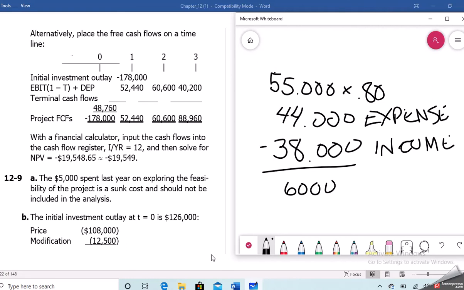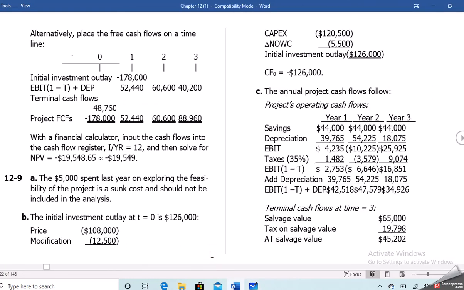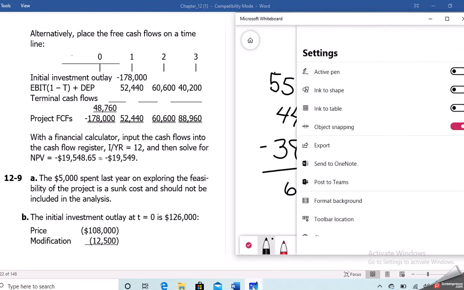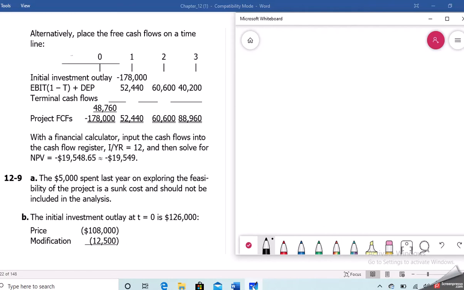$120,500, and then I multiply that times the 0.33.